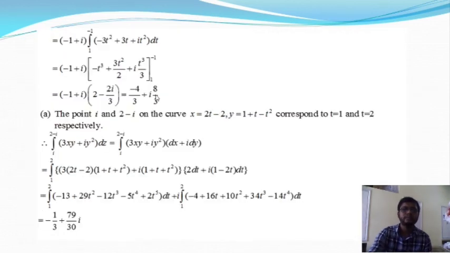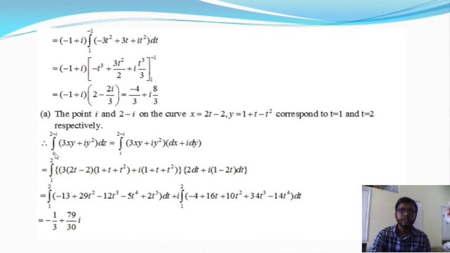So let's start. So the point i is the lower bound or lower limit, and 2 minus i is the upper limit of the integration. So on the curve x is equal to 2t minus 2 and y is equal to 1 plus t minus t square, we'll get the lower limit is plus 1 and the upper limit is plus 2 respectively.